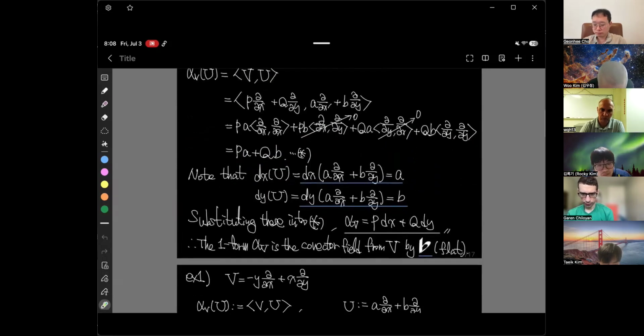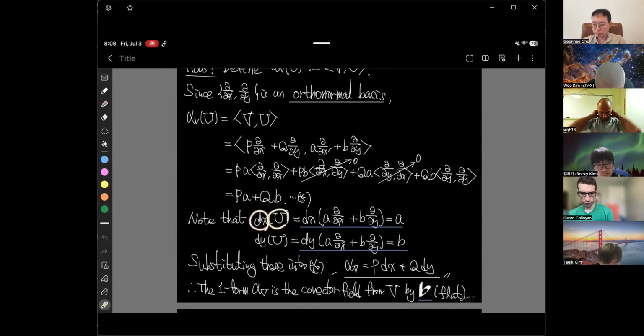And then dx of u, with u defined this way: dx applied to the partial with respect to x gives a, and dy gives b. We substitute these into the starting equation, and then we have this one-form. The one-form alpha_V is the covector field from V by flat.